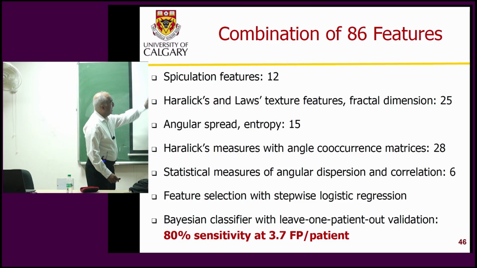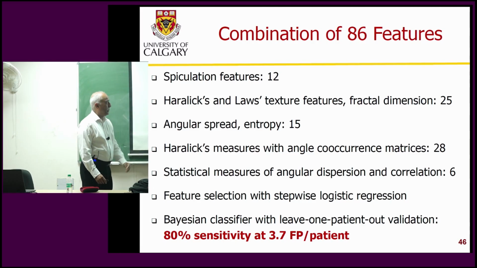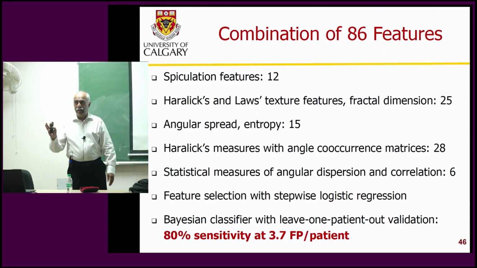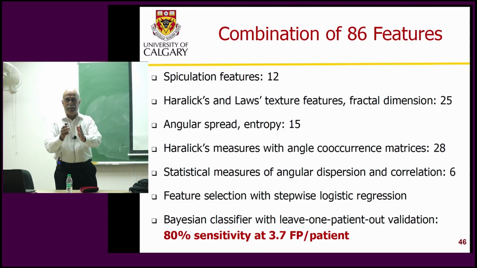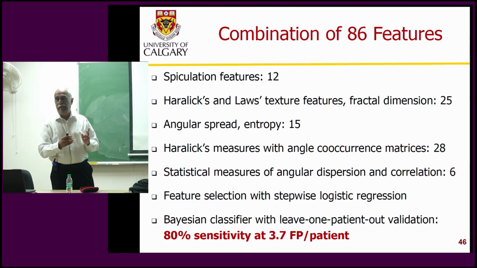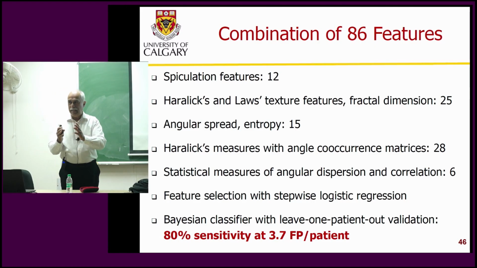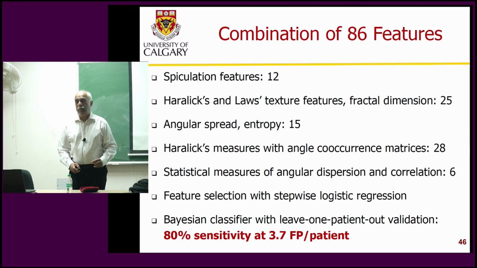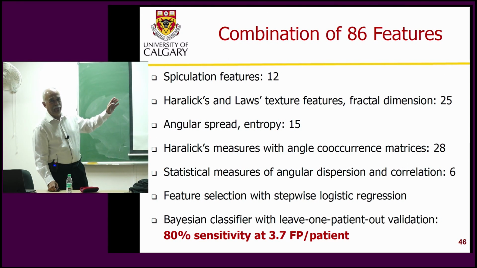And we put them all, 86 of them, through feature selection with stepwise logistic regression. And then different classifiers, and the Bayesian gave the best result with leave one patient out. All the mammograms of that person will be taken out during training and then tested on all those images of that subject or patient. So we got 80% at 3.7 false positives per image, which is better than what I had mentioned earlier.